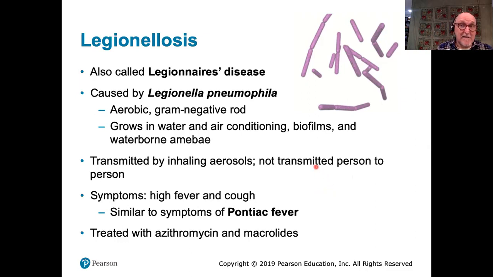This mysterious respiratory illness involved a very high fever and a very virulent pneumonia, which had a high mortality. And it was eventually recognized that this new organism, what had brought it into the human realm was modern technology, the air conditioner.